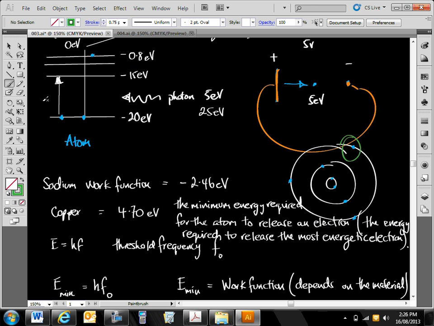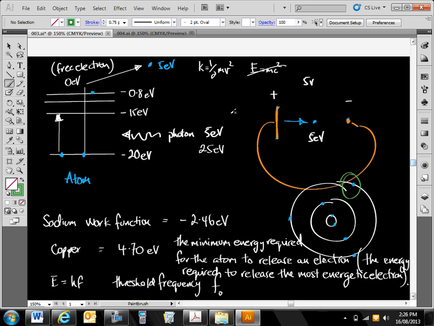This is a fictitious energy level diagram, but based on the one I've drawn at the top here, the work function of the metal is the minimum energy required to release an electron, which is how much? If I give that electron 0.8 eV, then it becomes free. That would be the work function of this surface here. Can you see that that's the minimum energy required to release that electron, and it's also the energy required to release the most energetic electron around that atom? It's the same thing.